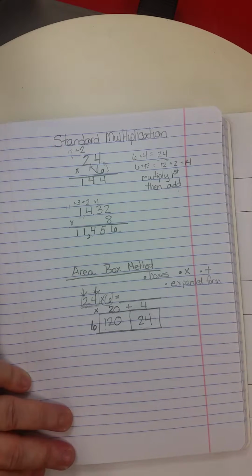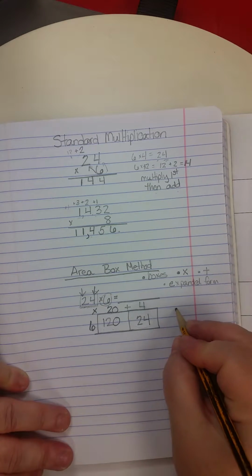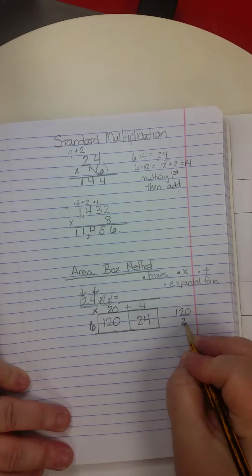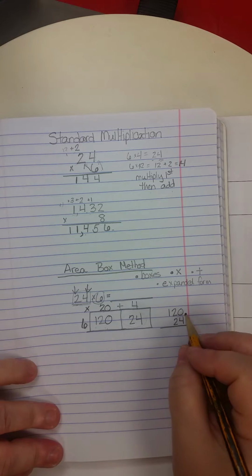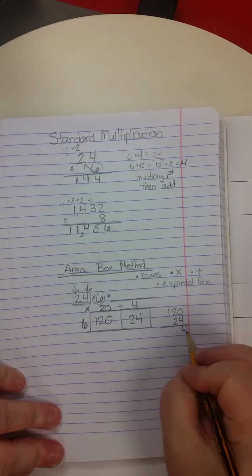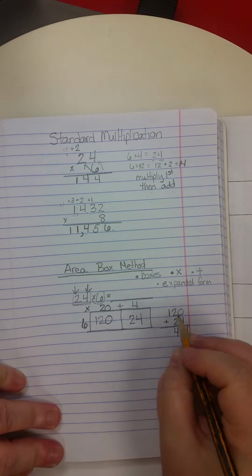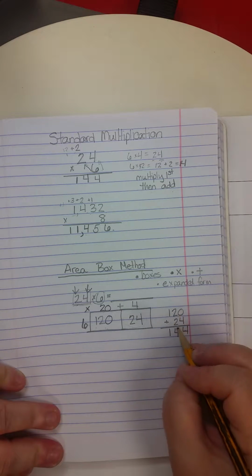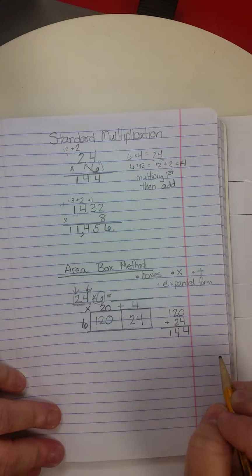Okay? Then comes my addition. I add the 2 numbers that are inside the box. 120 plus 24. 4 plus 0 is 4. 2 plus 2 is 4. And the 1 falls down. Notice how I'm making sure that I write big enough that I can see my work.